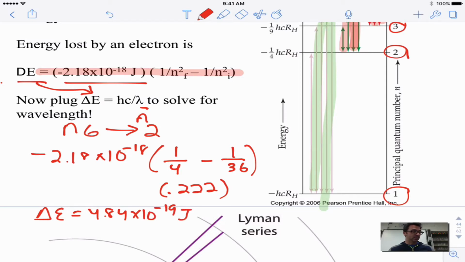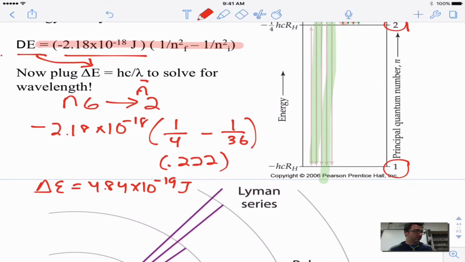If I then take this and plug it into E equals h times c over lambda, and I solve for lambda, I'll get the following value. So I will get Planck's constant 6.63 e to the negative 34th times the speed of light 3 e to the 8th divided by the energy that I just had, 4.84 e to the negative 19th, and I will get for this something that is completely wrong.